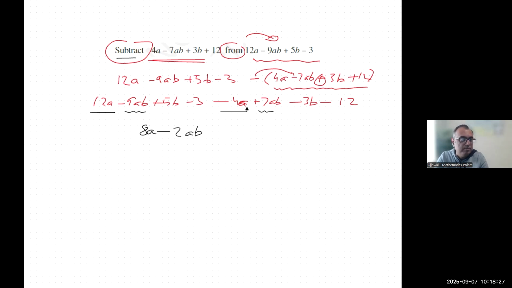Nah, I don't think so. Now let's find the b. 5b positive and negative 3b, which makes it positive 2b. And the last one is negative 3 and negative 12, which makes it negative 15. That's the answer.